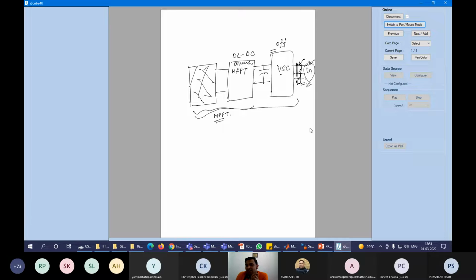There is no way where this PV power will go, because you had a large storage here, but this large storage has been removed as we have a fault toward the large storage. So if you have not given the off instruction to this VSC through your control, what will happen? What will happen if you do not give the off instruction to the VSC?